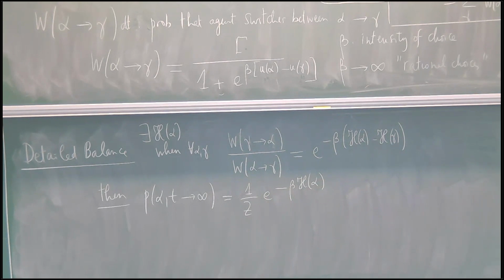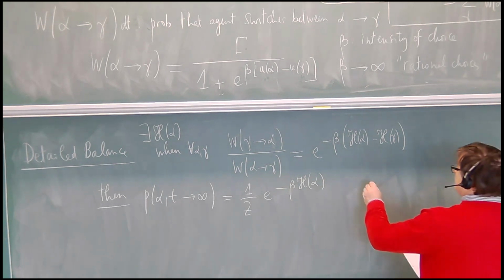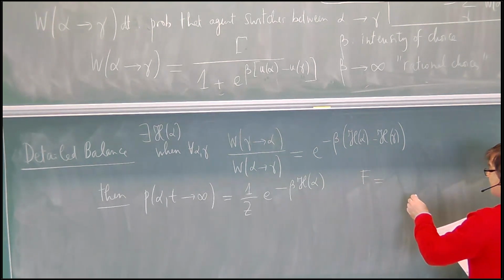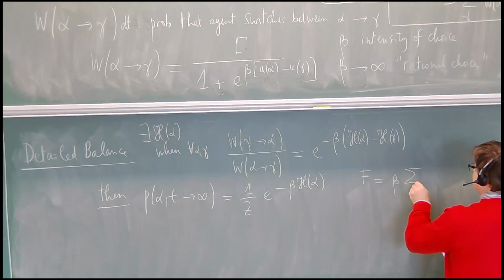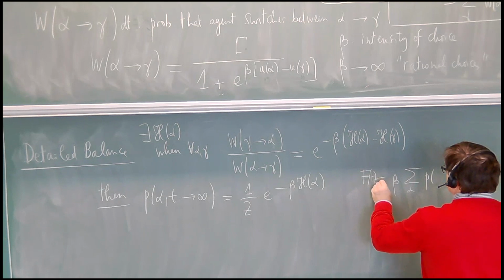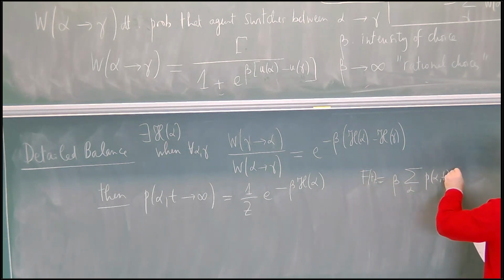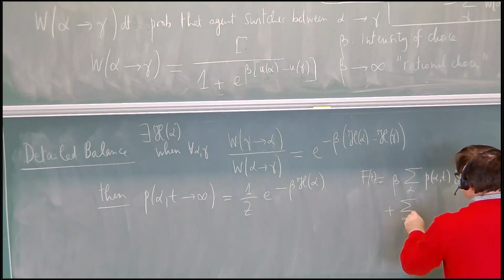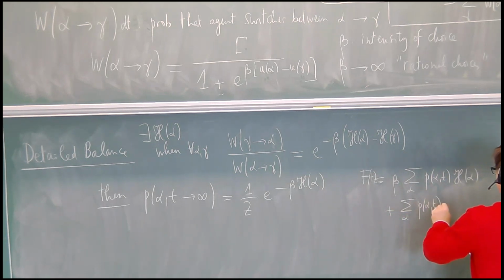So how do you prove this? Well, the trick to prove this is to introduce the analog of the free energy. So if you introduce some object f, which is given by beta times the sum over alpha of p of alpha and t, h of alpha, plus the sum over alpha of p of alpha and t log of p of alpha and t.